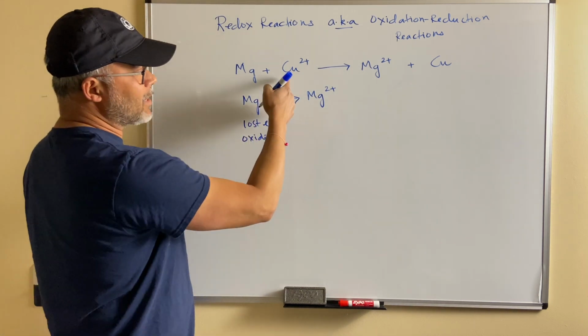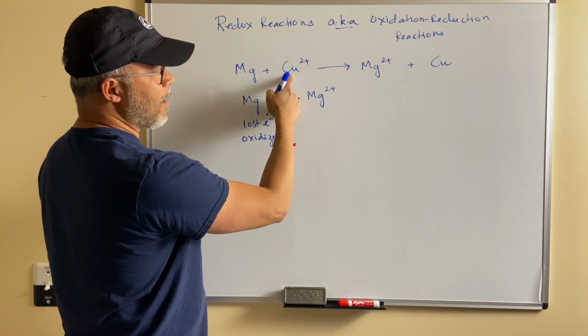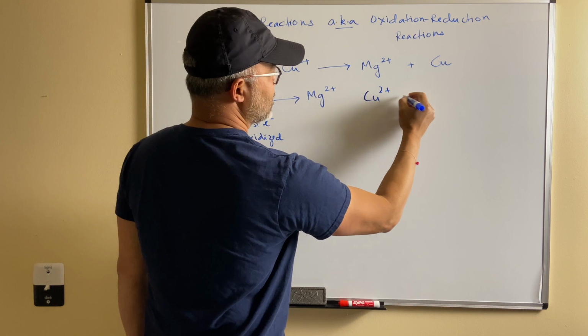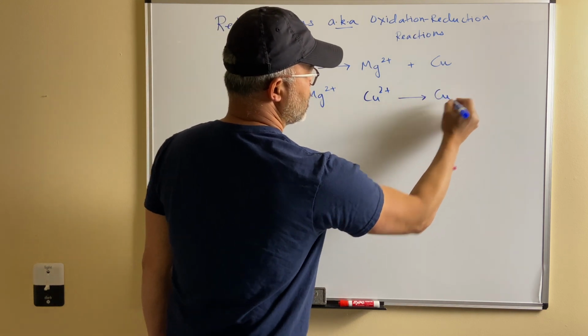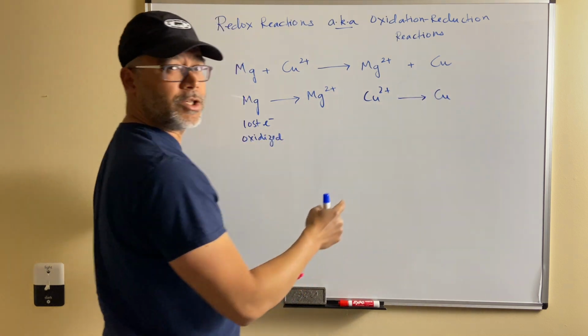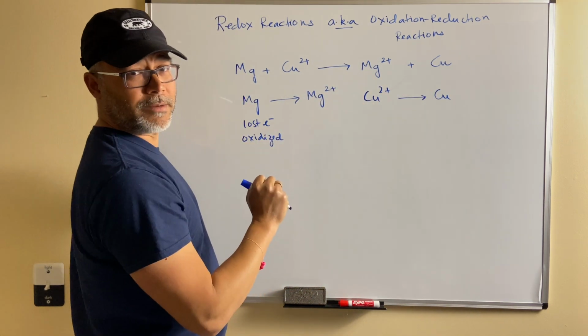Now, if you look at the other species, Cu2+, let's try to track what happened to it. Cu2+ became Cu. So it went from a positively charged species to a neutral species. So it must have gained electrons to quench those positive charges.